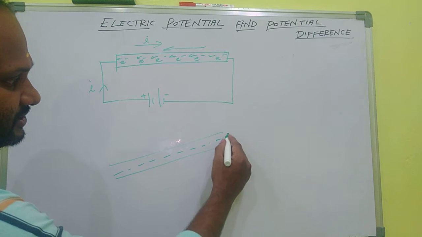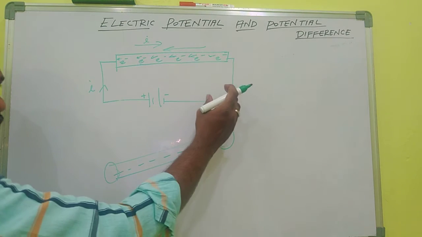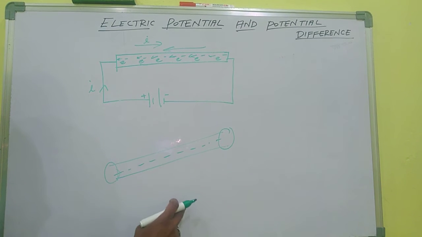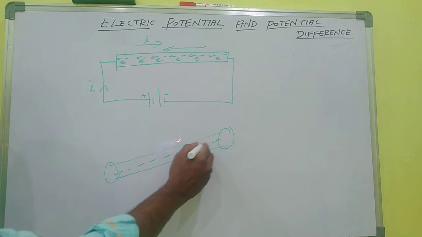If this end is raised, the other end is automatically lowered. Due to the difference between the two ends, the water will come out.